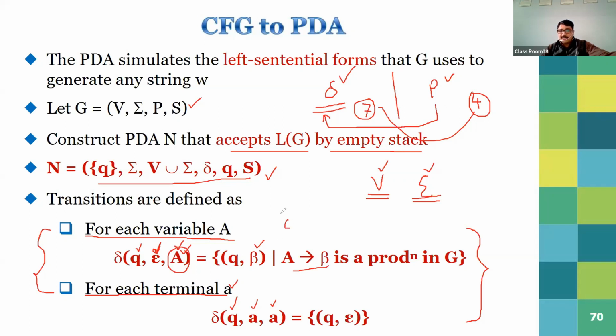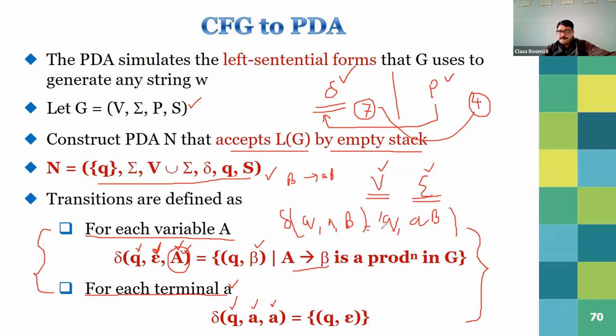In that case, you must write Q, null, and the name of the variable, suppose B. And similarly, here you can write the variable or terminal that is produced by B. Suppose B is producing AB. Suppose this type of production is there, B to AB. So you must write B to AB in this way.